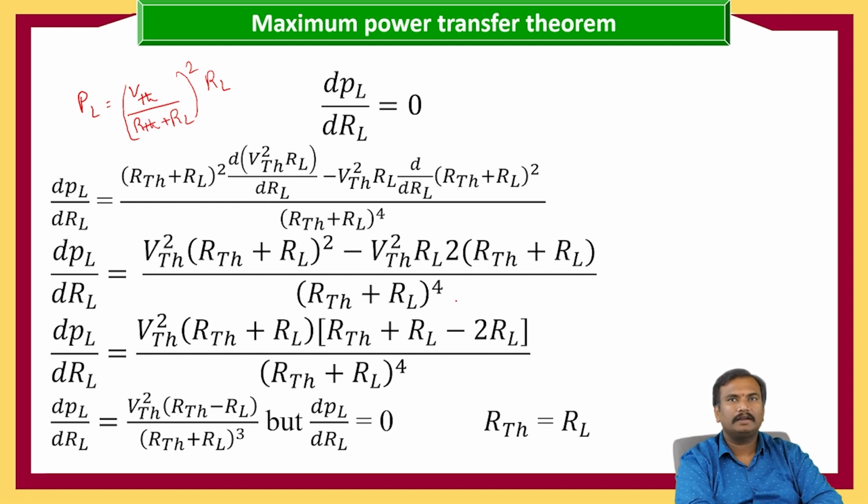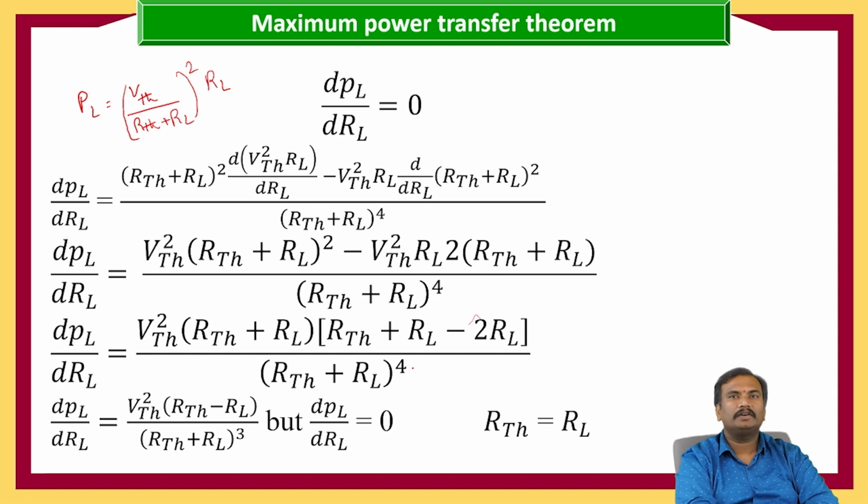Now in this equation, VTH square into RTH plus RL is a common term. When we take RTH plus RL as a common term, we have VTH square into RTH plus RL, times RTH plus RL minus 2 RL, divided by RTH plus RL whole power 4.